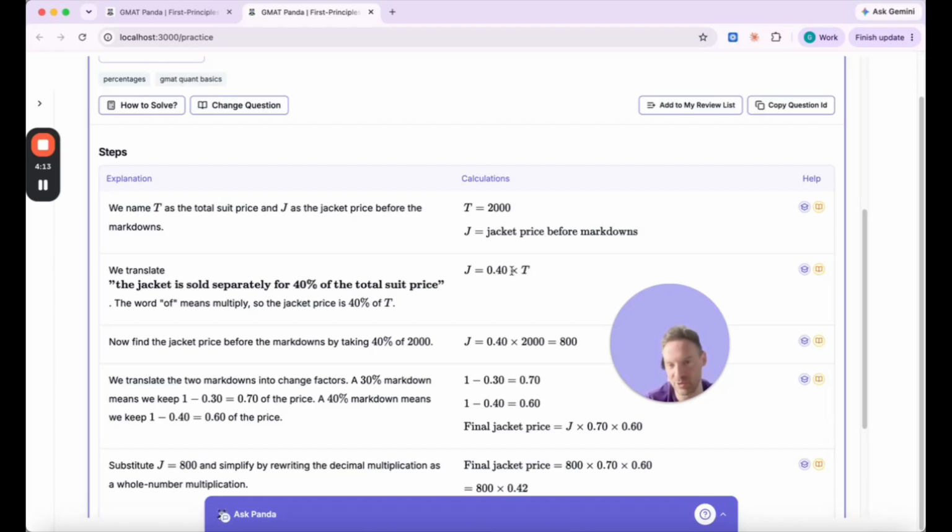And here we can use the fact that 40% is a bit less than half of the total cost. So what would be half of 2,000? It would be $1,000. So something a little bit less than 1,000 that starts with an 8, well, that's going to be the 800.